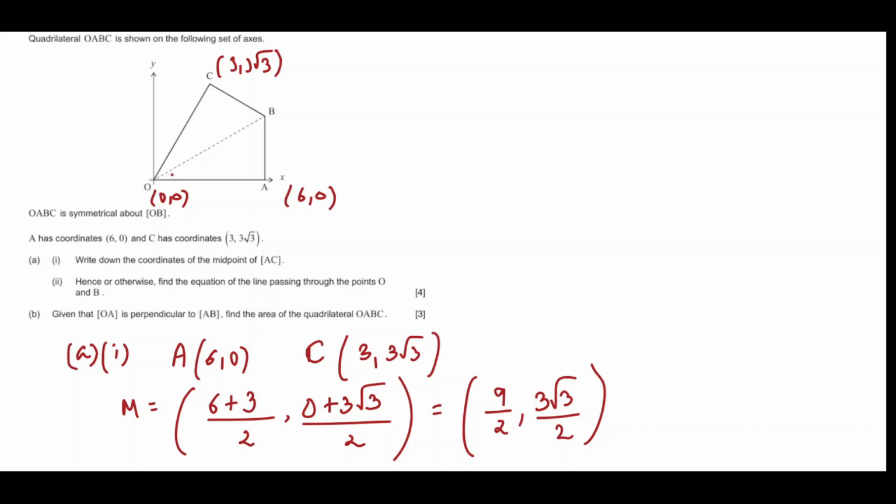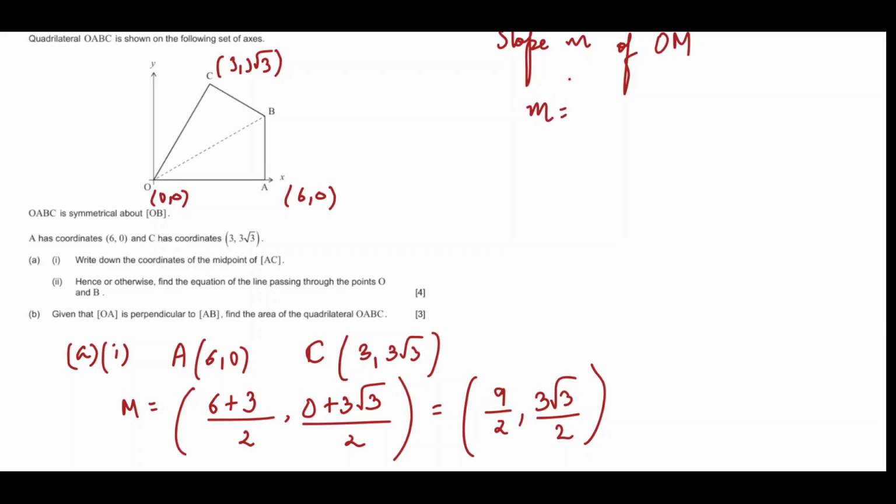See, the figure is symmetric about the line OB. So the line for which we have to find the equation passes through O and the midpoint M, which we just found out in the previous part. So if we find out the slope of OM, we can find out the equation of this line.